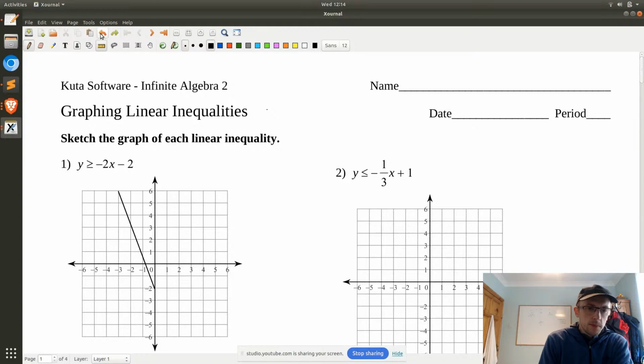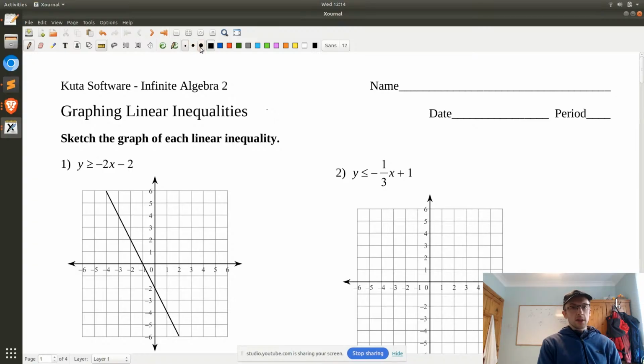Wrong. Try again. Okay, second attempt. You know what? I'm going to go through that point there. There. And it is, in fact, a solid bar because we have greater than or equal to.